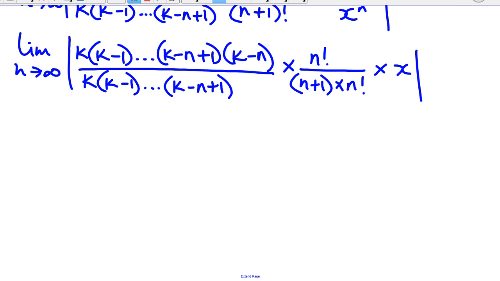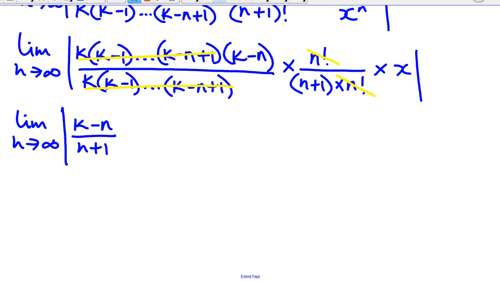This here will cancel. That's all gone, and that's gone as well. So you'll end up with the limit as n approaches infinity of k minus n over n plus 1 multiplied by x.